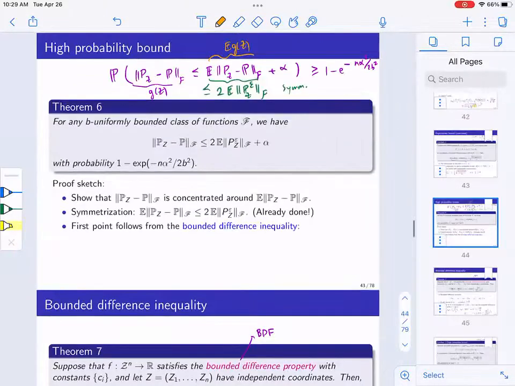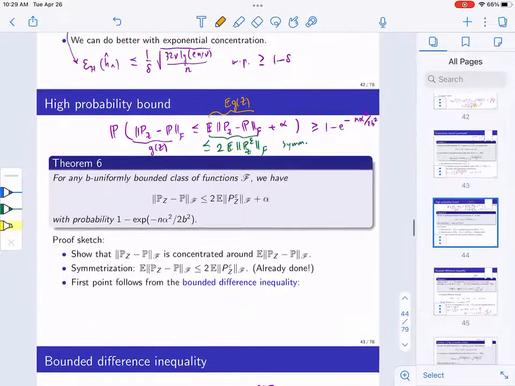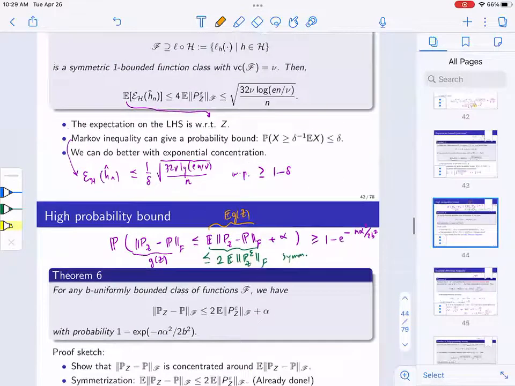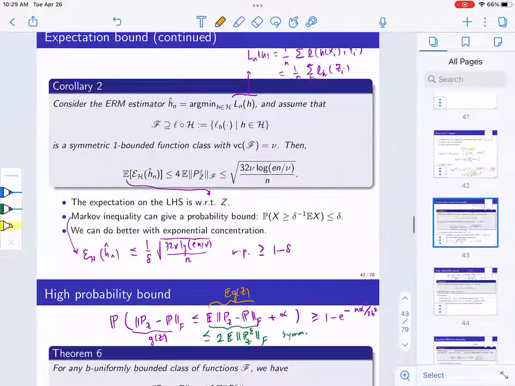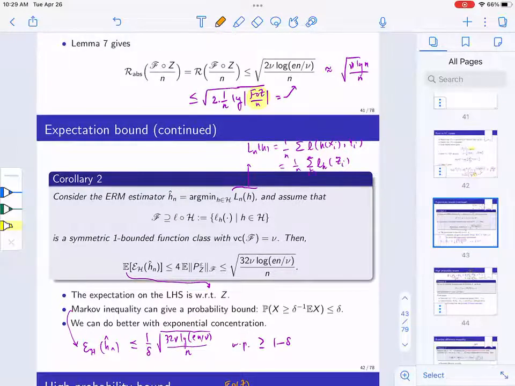Okay, so I have this result. Let's see what happens here.